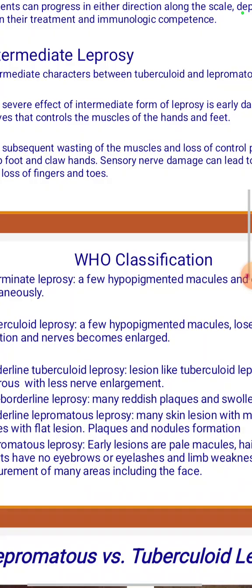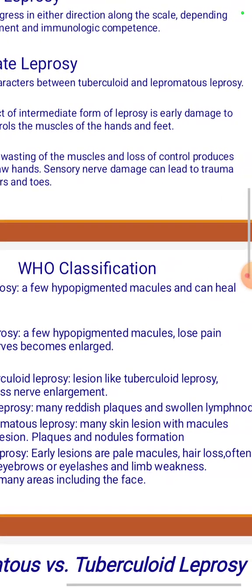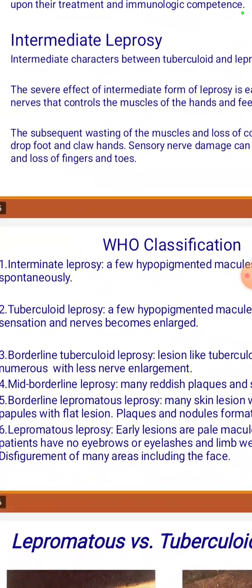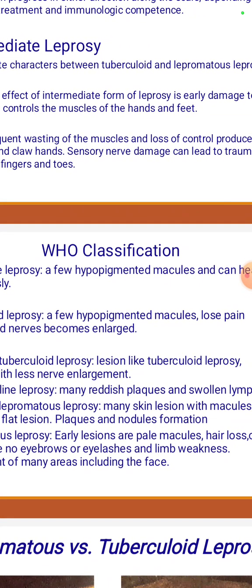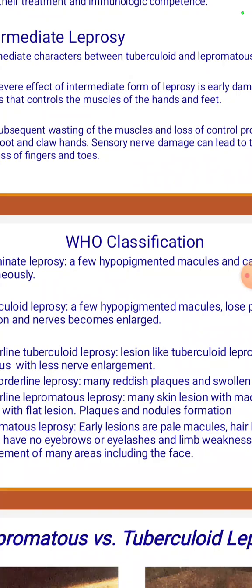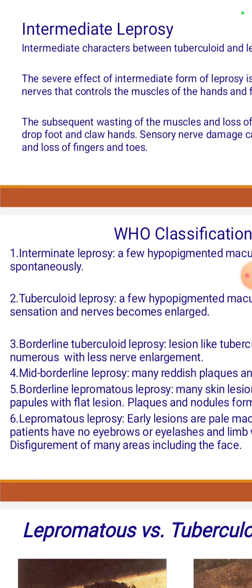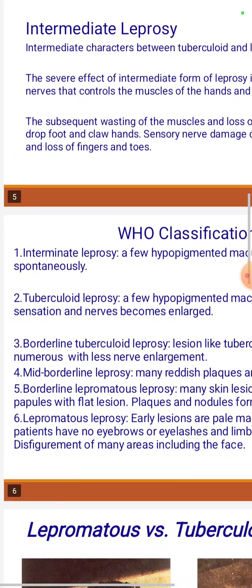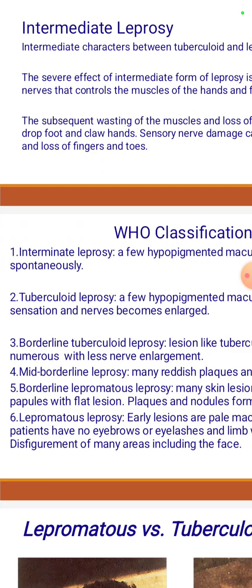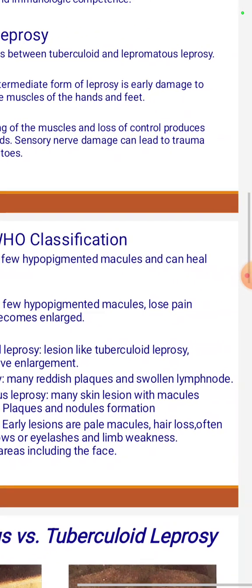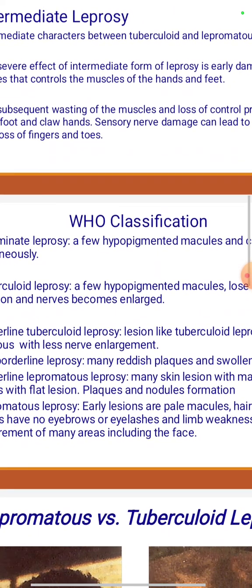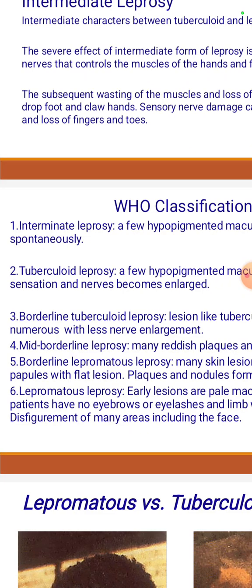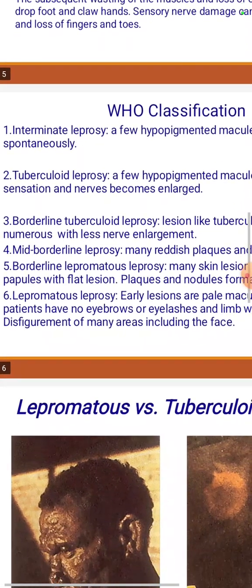Mid-borderline leprosy has many reddish plaques and swollen lymph nodes. Borderline lepromatous leprosy results in many skin lesions with macules, papules with a flat lesion, plaques and nodule formation. Lepromatous leprosy has early lesions, pale macules, and hair loss. Often patients have no eyebrows or eyelashes, and limb weakness. Disfigurement of many areas including the face.